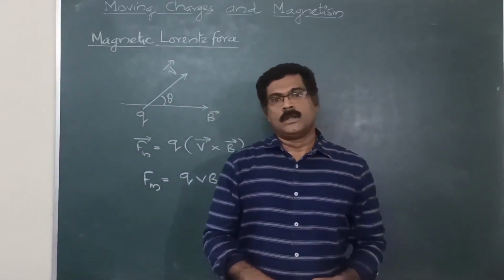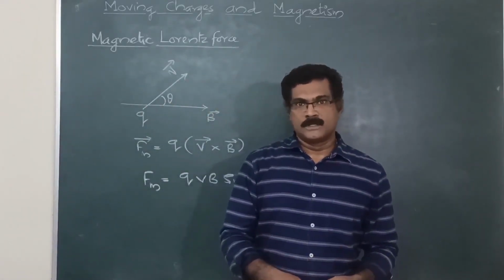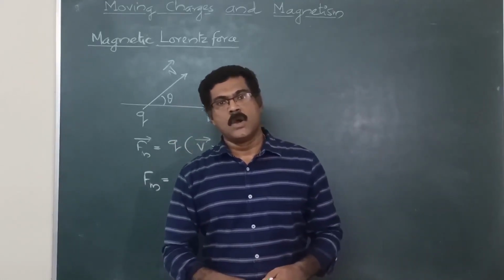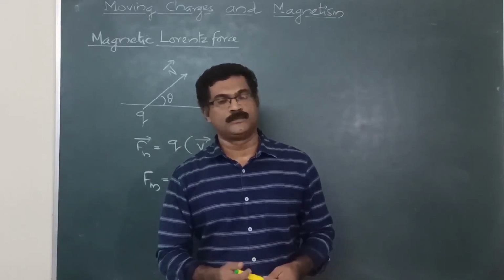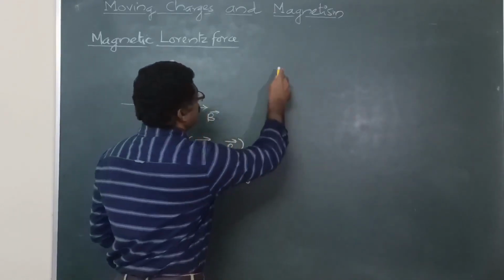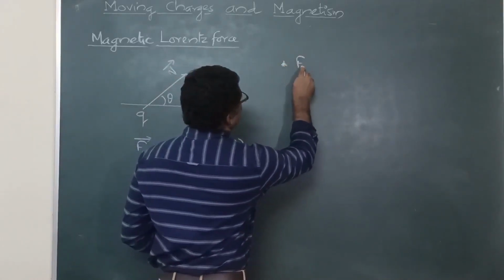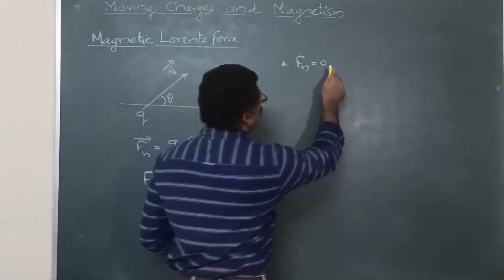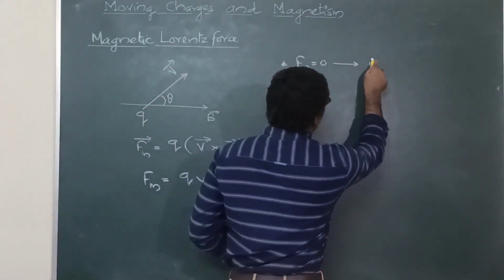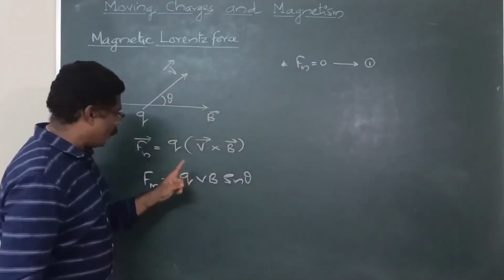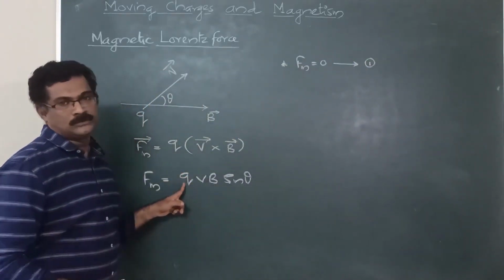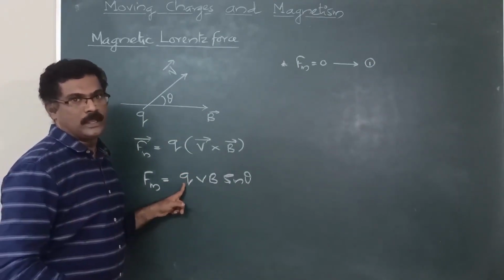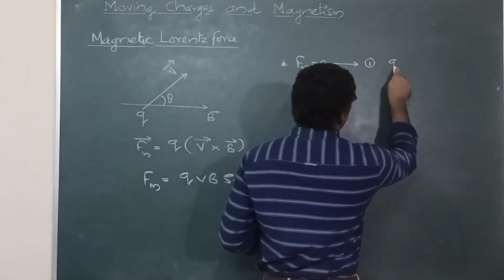Now we can expect some questions related to the magnetic Lorentz force. The first one is, when does this force become zero? We can say the magnetic Lorentz force Fm equals 0 in these cases. First, when the charge of the particle is 0, that is the particle is a neutral one, Q equal to 0.